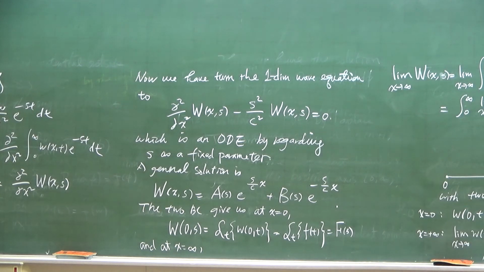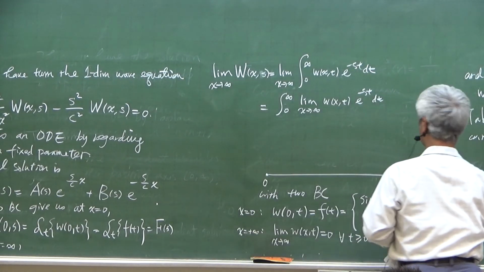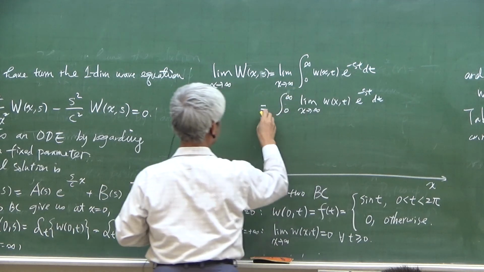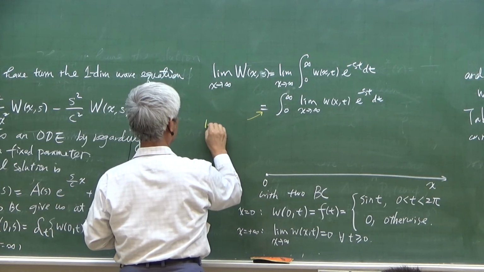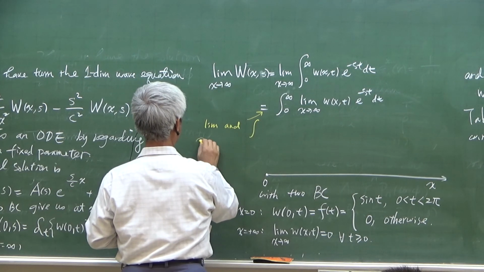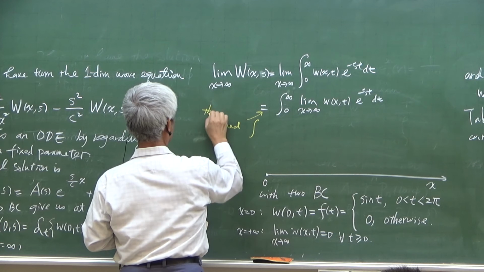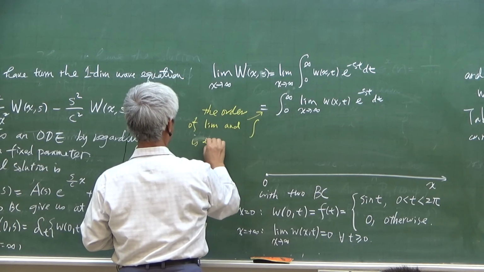Right. So we assume we can exchange the limiting process and the integration. Once again, the order is exchangeable.